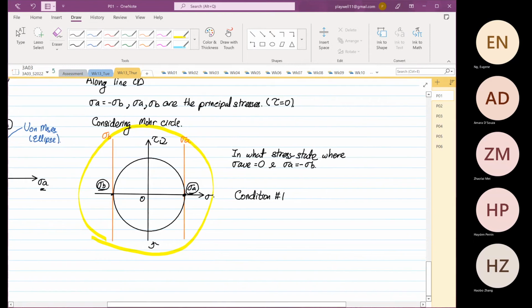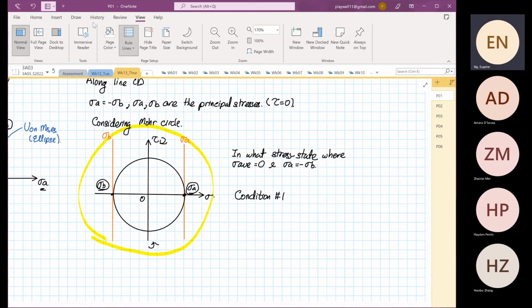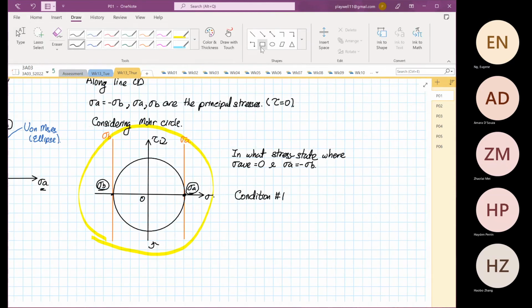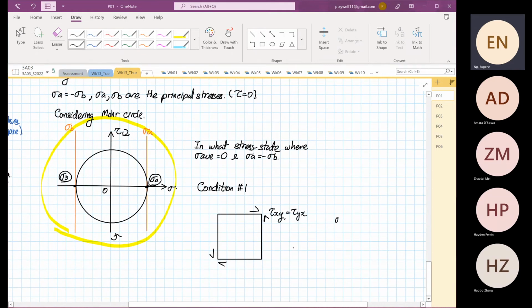Now if we were to draw an element, because we are looking at stress state now, if we have just pure shear, then for condition number 1, stress X is equal to stress Y and is equal to 0.